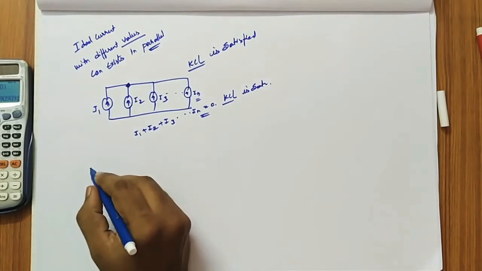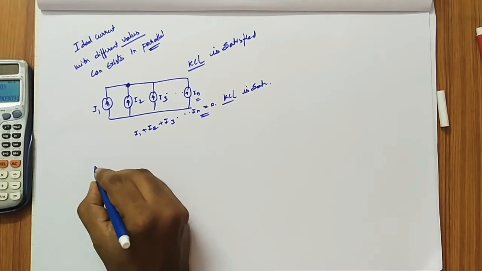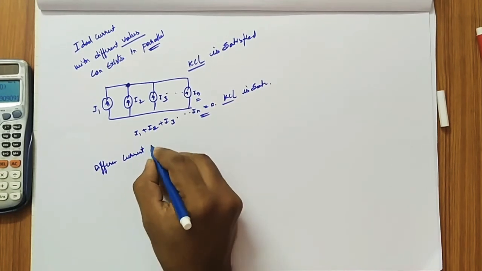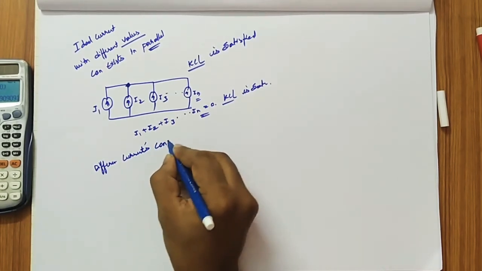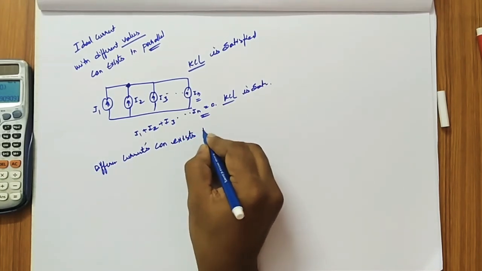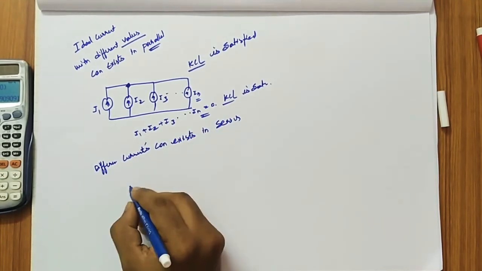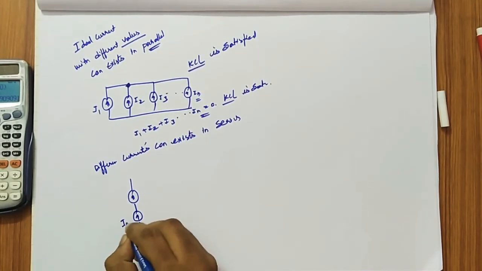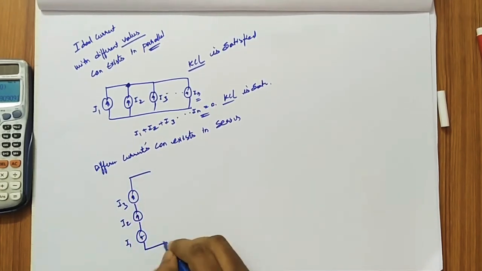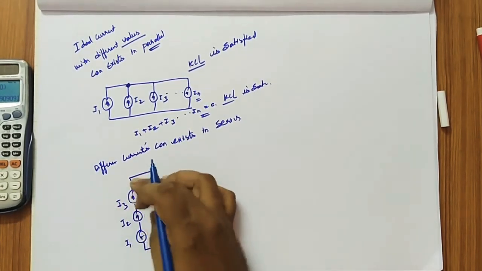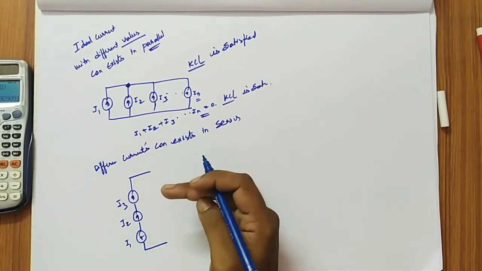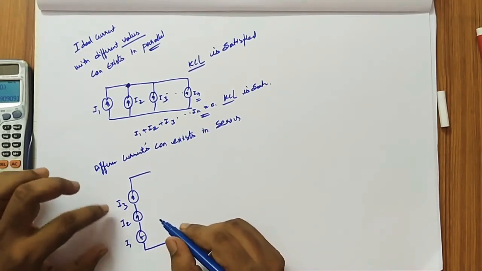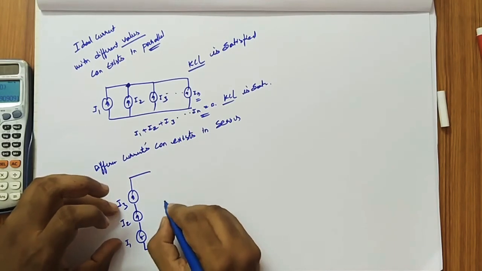No two different currents can exist in series. If you take this as current I1, I2, I3, in a loop different currents cannot flow. In one same loop, same circuit, different currents cannot flow. Only one current will flow. So different values of currents in series do not exist.